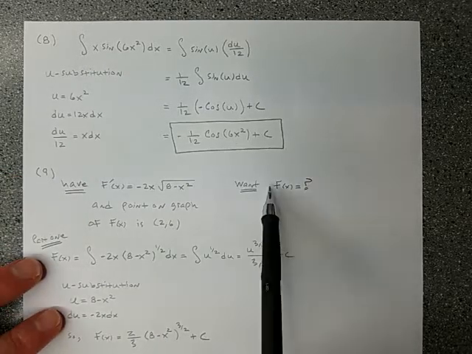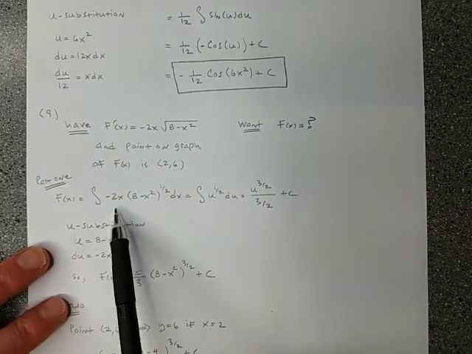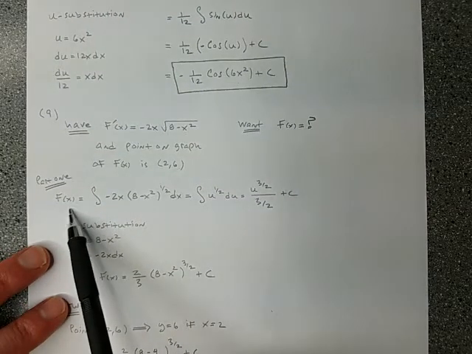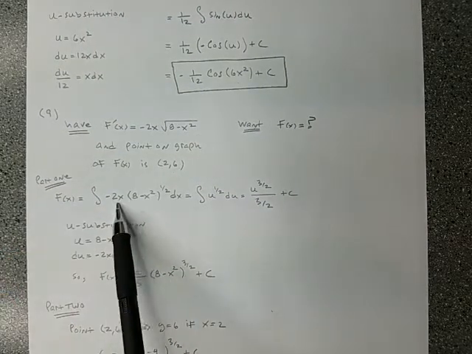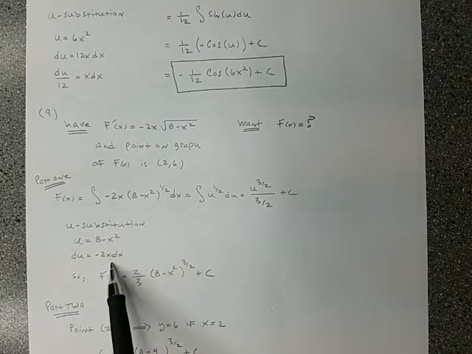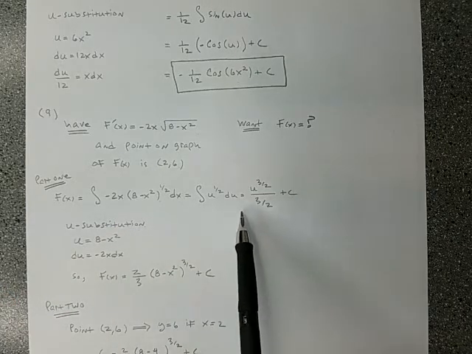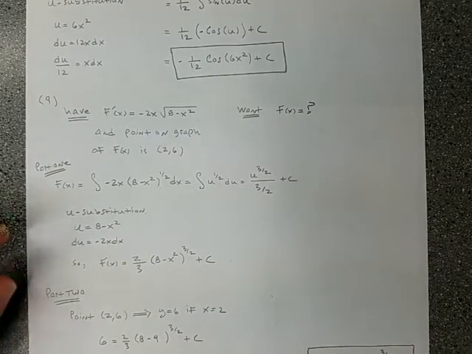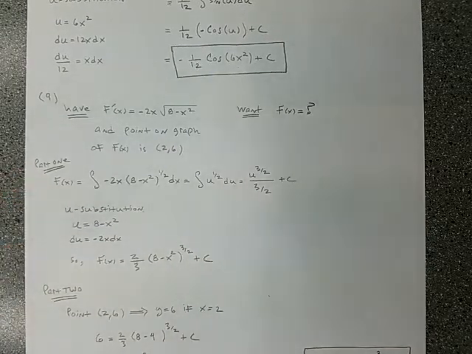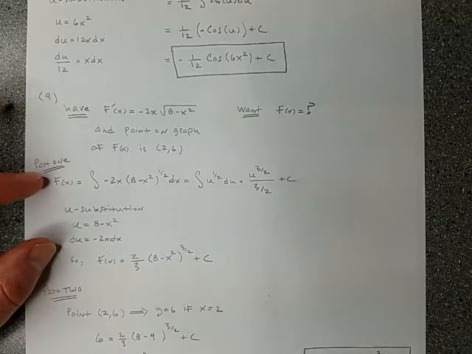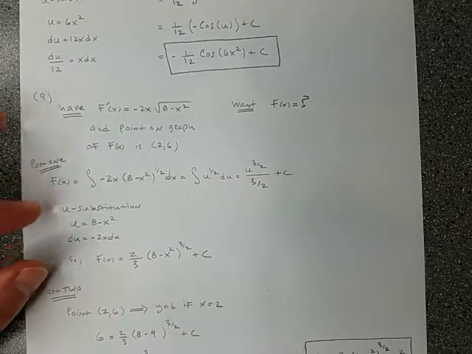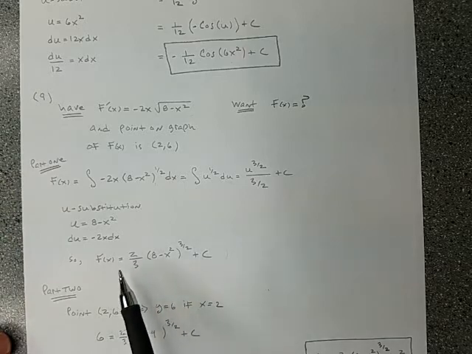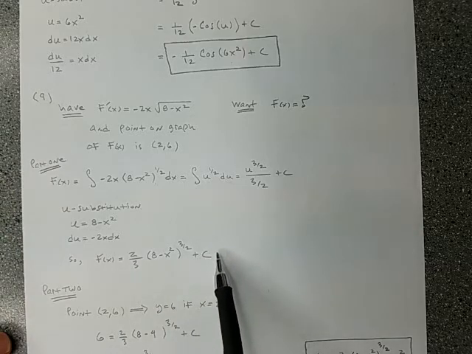So how are we going to find this? Well, the antiderivative of f prime is f. So how would you do that? Well, that's u substitution. So we'll end up with this for f through doing u substitution. I said the video was going to be quick, so I won't explain in laborious detail how u substitution works, but you'll get this with that constant of integration.